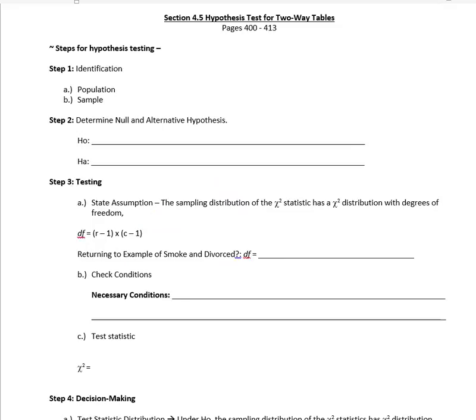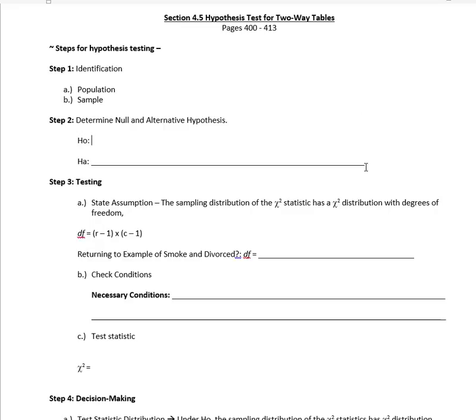Now, one thing that's unique for hypothesis testing for two-way tables or for two categorical variables, your null and alternative will not include a null value, so a number that you're hypothesizing about, because here we want to see if there's a relationship. So the null hypothesis, remember, is a statement of no difference or no relationship or nothing happening.